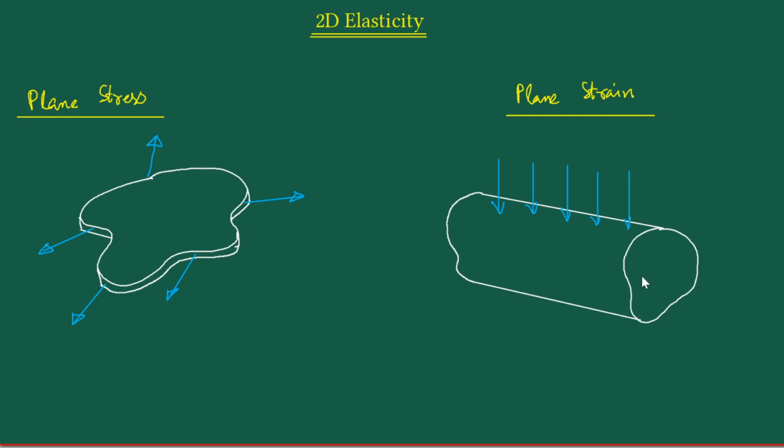Now, if we have this kind of a situation, then you can perhaps imagine with a little bit of thought that if I just take out a little slice out of this, and instead of that, I come to this place and take another slice out, there will be absolutely no difference in the mechanical behavior of this slice or that slice.